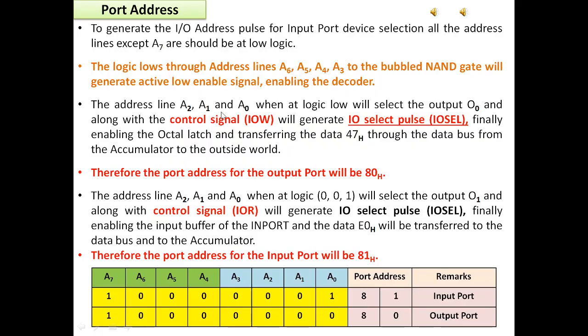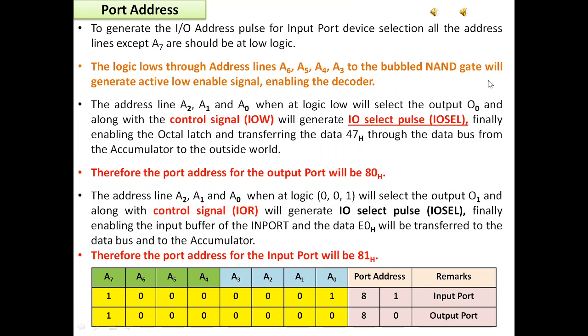So far we have seen that to generate the IO address pulse for input port device selection, all the address lines except A7 are at ground, low. Now this is because A7 is directly connected to the active high enable input of the decoder. The logic low through address lines A6, A5, A4, A3 are directly connected to the bubbled NAND gate.